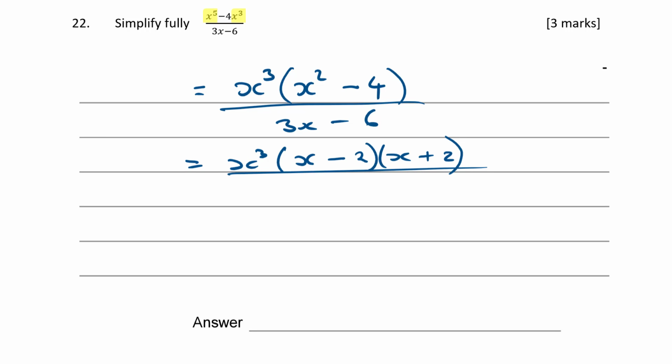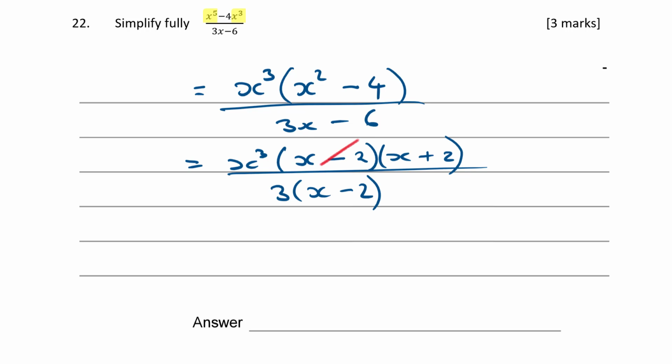The bottom part has both got 3 in common, so let's factorize that out as well. So that's 3 lots of x minus 2 on the bottom, factorizing 3 out of both terms. Now you should be able to see that the top and bottom of my fraction are both all in factor form. So something times something times something, and that means I can cancel common factors top and bottom.